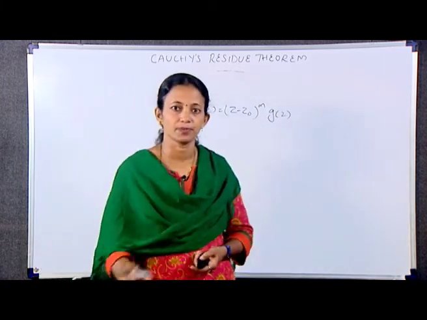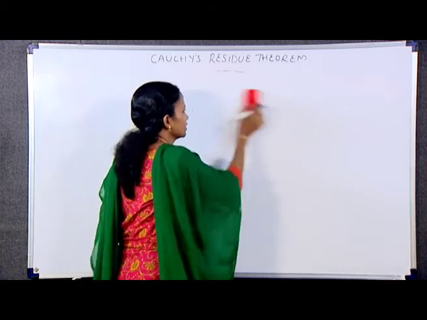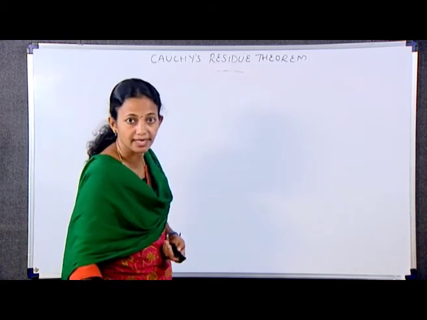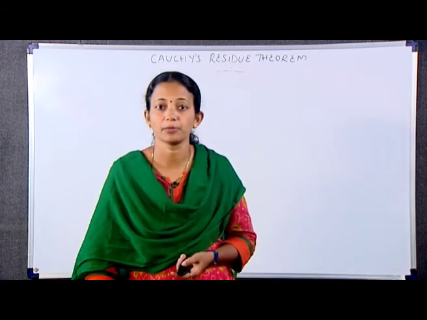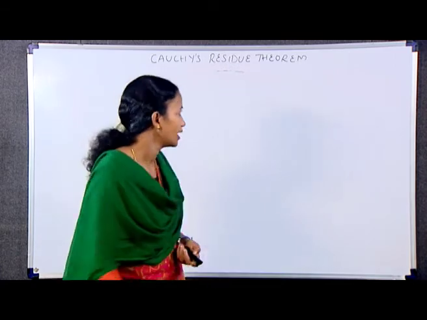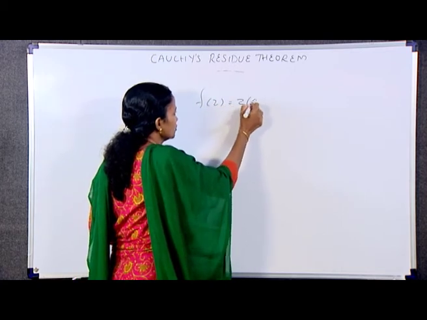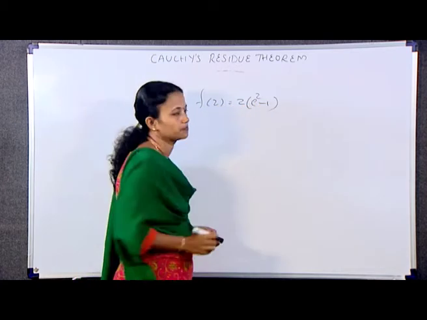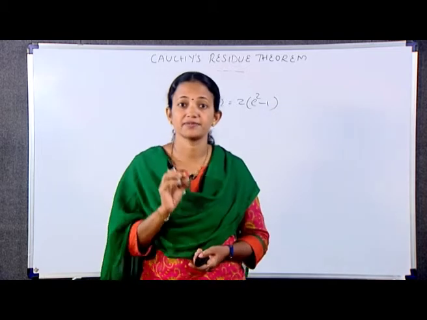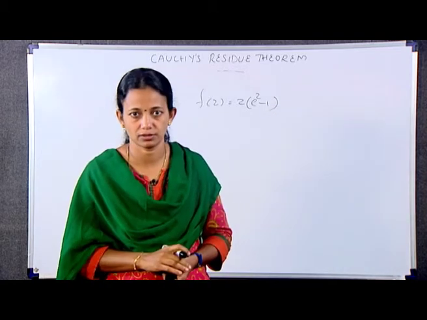Next example. We are considering f of z is equal to z into e raised to z minus 1. Then f is an entire function.